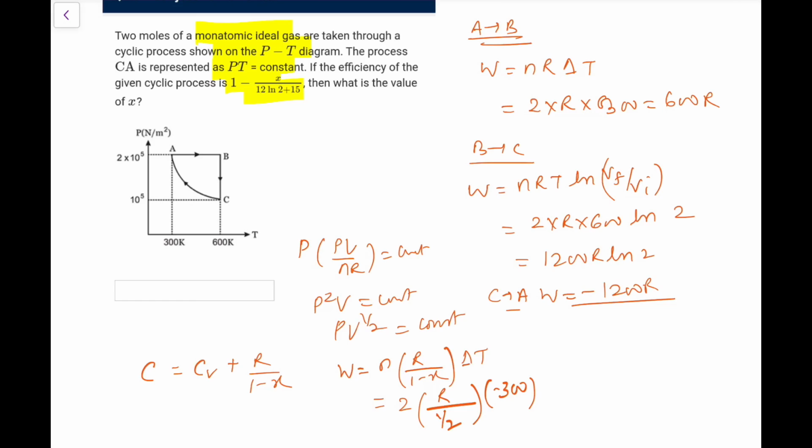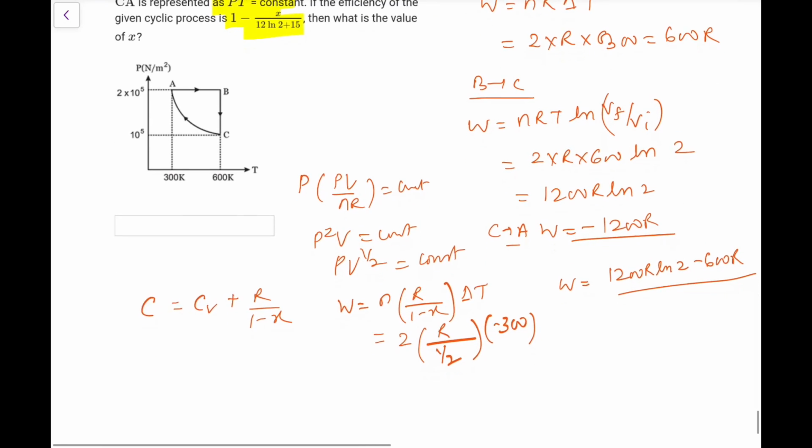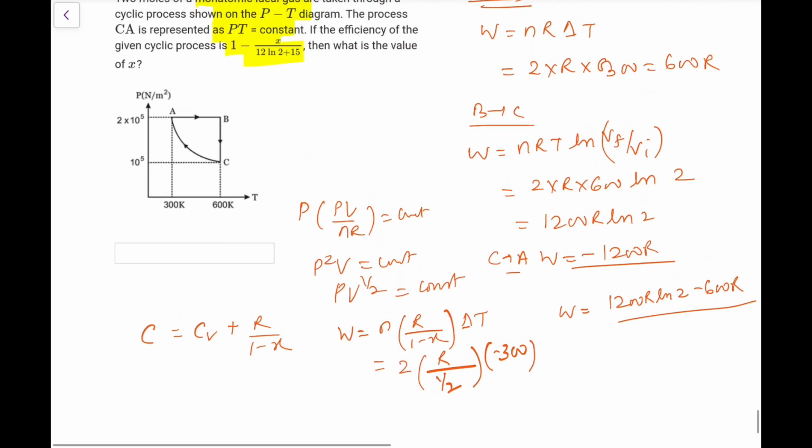So this is the net work done. If I calculate, this would be 1200R ln 2 minus 600R. That is W net. Now to find the efficiency, you have to divide by Q in, basically. Here the signs of the third are the same, so this is Q out. Q in will be in AB and BC.